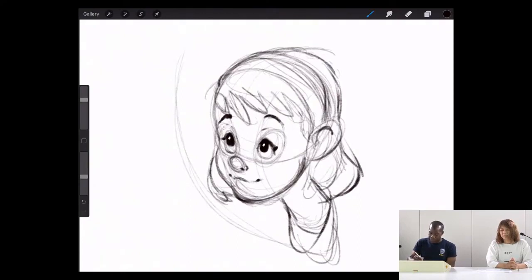Yeah, so I know it might sound a little bit corny or whatever, but really, you need to put a little bit of love into your drawing, because when you do, it reads. People pick that up, you know.